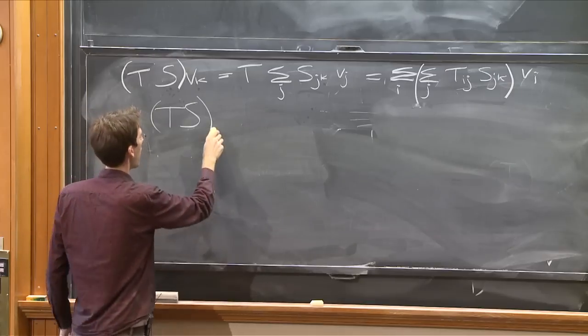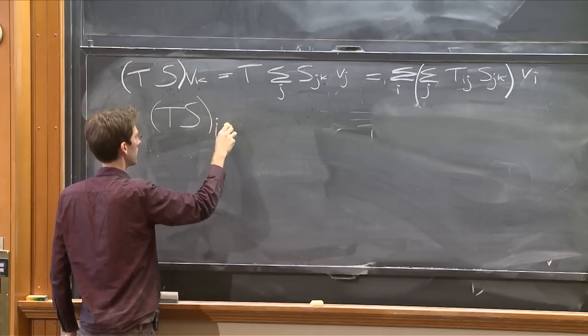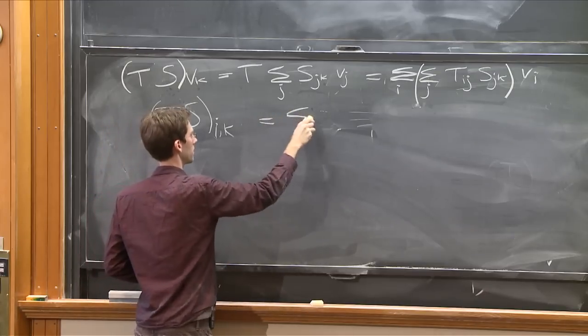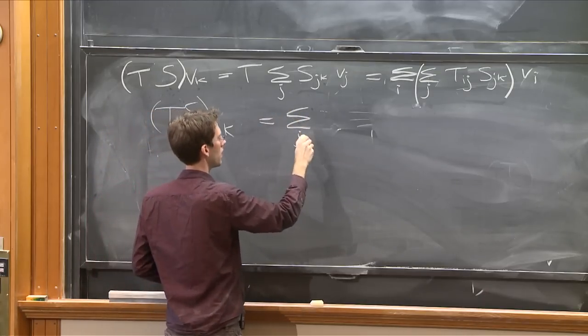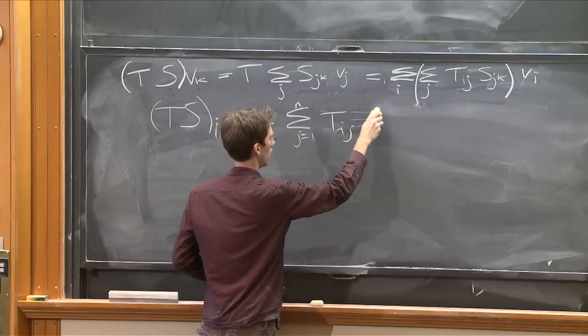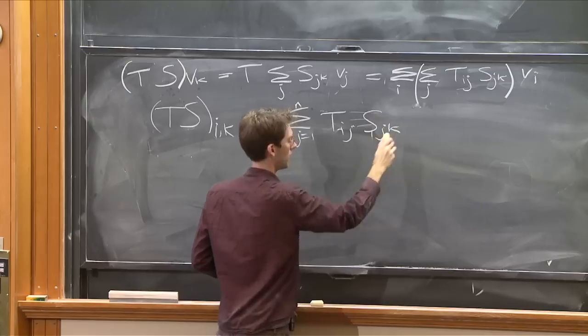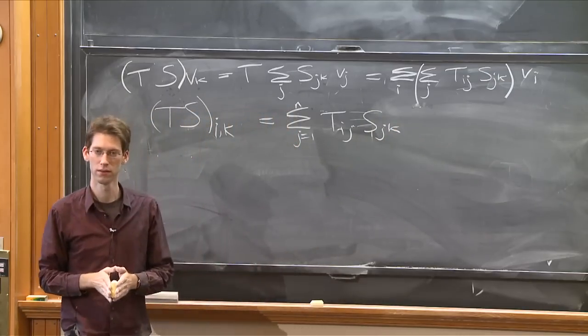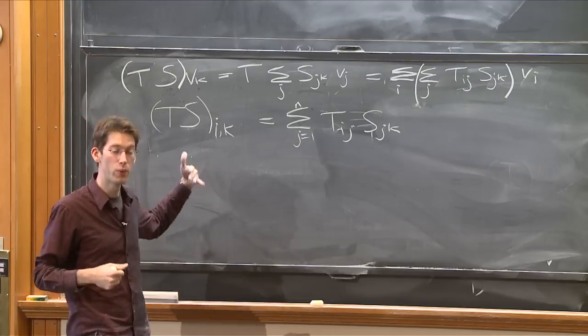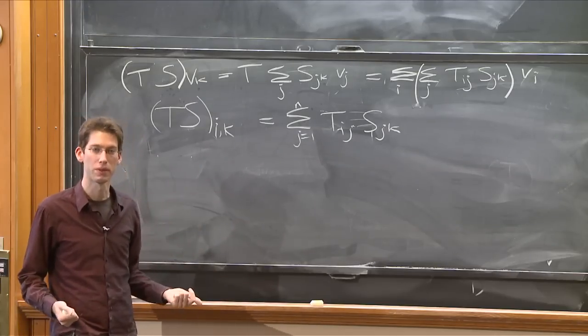So the ik matrix element of TS is the sum over j of T_ij S_jk. And so just like we derived matrix vector multiplication, here we can derive matrix multiplication.